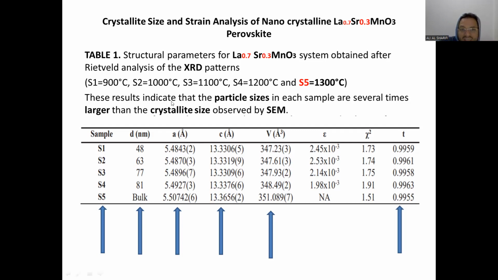Here, the result indicates the particle size in each sample is, and this is important, several times bigger than the crystalline size observed by, how can I say, the SEM, scanning electron microscopy method.